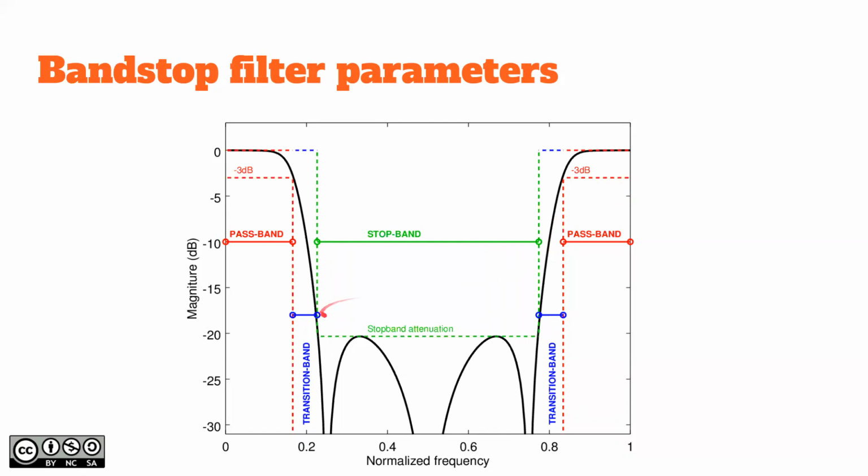But anyways, we have passband, one transition band here, another transition band here. These don't need to be exactly the same since the transition bandwidth could be a little bit different depending on the requirements.